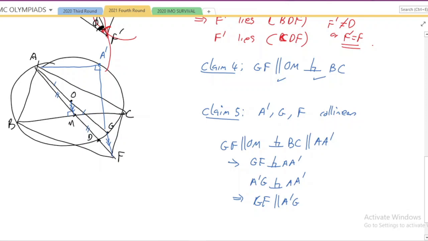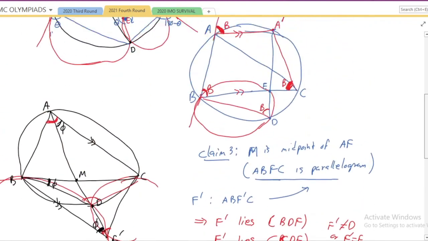So since they both pass through G, they in fact must be the same line. So G, F and A prime are collinear. Alright, so it means that GF passes through A prime, the circle also passes through A prime, and DE also passes through A prime, so they all meet at A prime. Alright, so that brings us to the end of this problem.